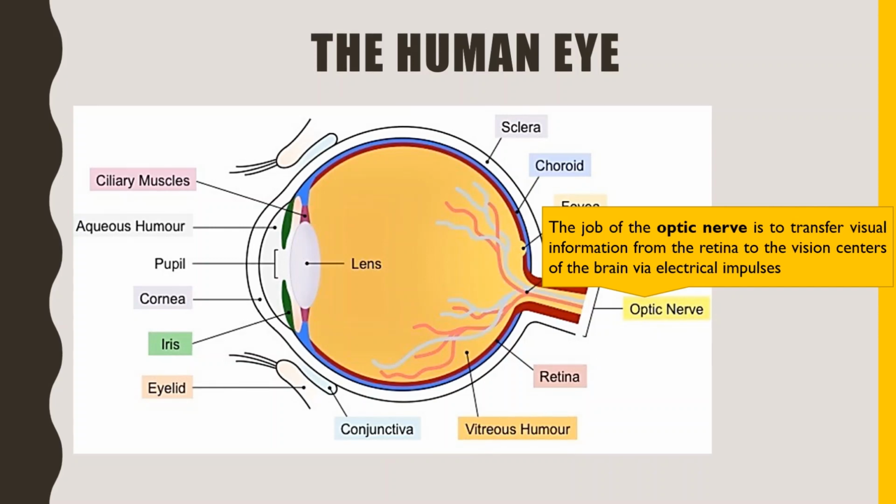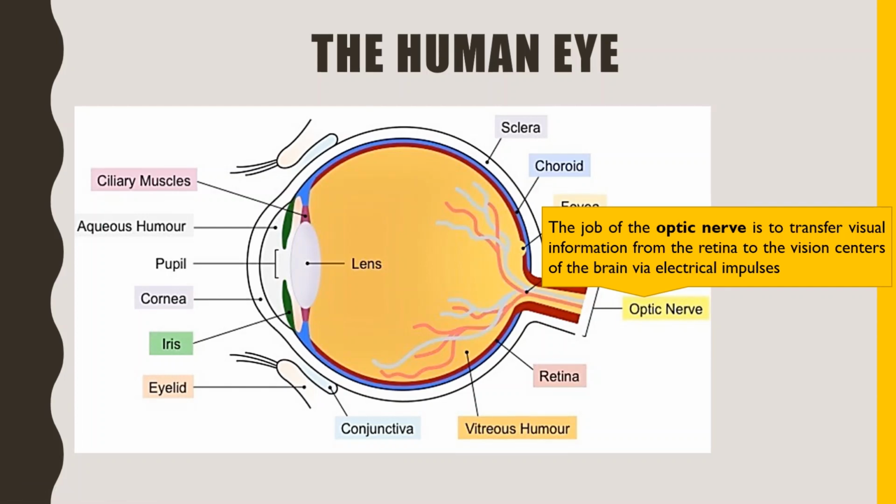So do we see the things as inverted? No, we do not see things as inverted. Then what happens? Interpretation is done by the brain, and taking this image to the brain is the job of the optic nerves. There are around 76,000 optic nerves continuously working to take the image to the brain, and the brain interprets what the image was, whether it was good, bad, or should be seen next time or not.